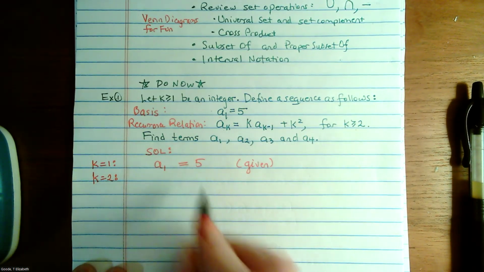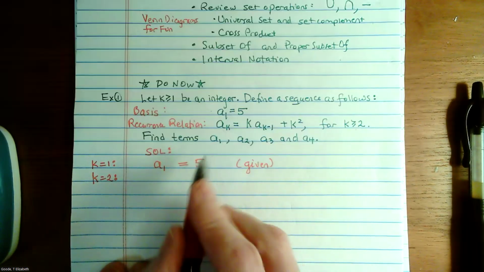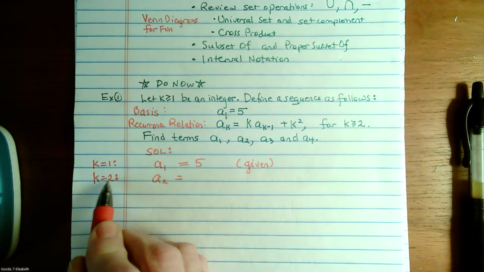Did anybody find a value for a sub 2 during this period of time? I got 14. Anybody else get 14? I think that's right. Let's take a look. So a sub 2 means, okay, k is 2.